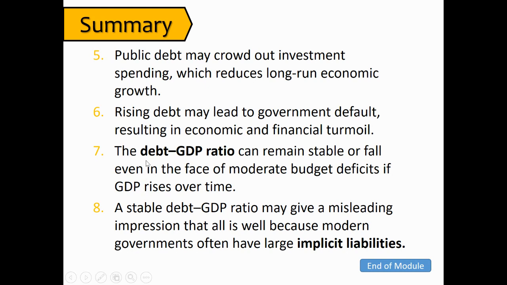We would like to keep our debt to GDP ratio stable, but once again, there are times that it goes up and there's times that it goes down. And typically we see deficit spending rising during recessionary times and then surpluses during inflationary times to offset that. So that is module 30.